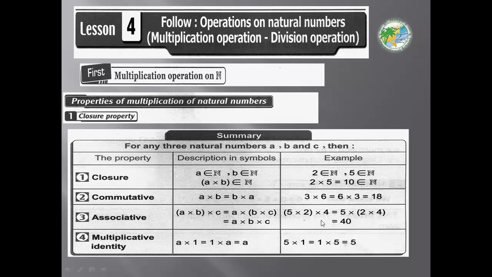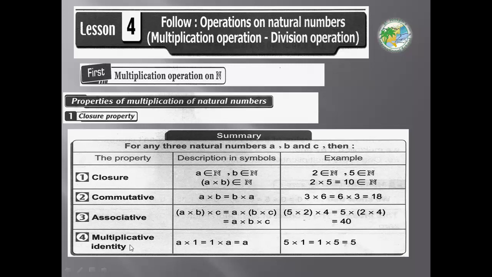The final answer for the left side is 40, and the final answer for the second side is also 40. This means the associative property in the multiplication operation of natural numbers.